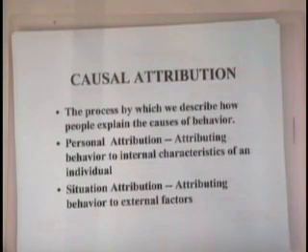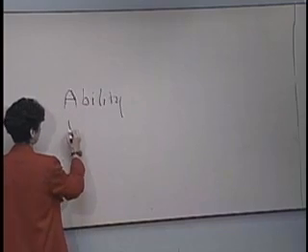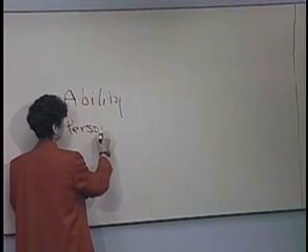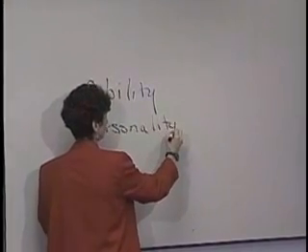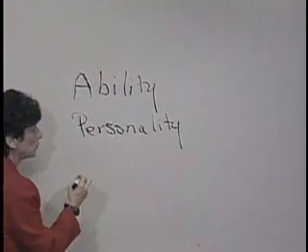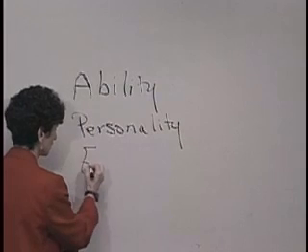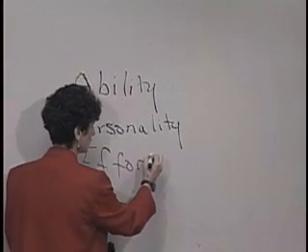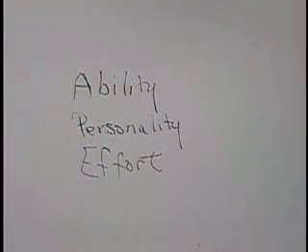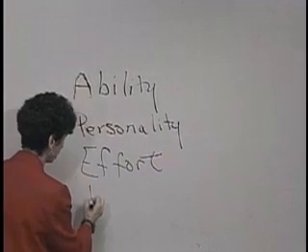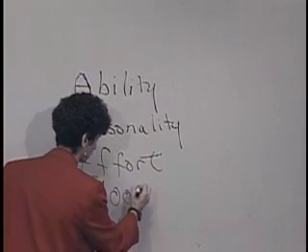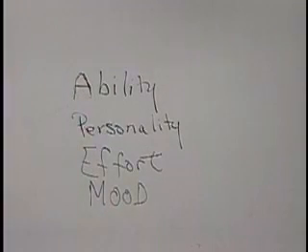Ability, personality. Well, it's all motivation, okay? But I think the quality that you're really looking for, or the trait, is effort. Mood. Okay, all internal qualities that we can look at.